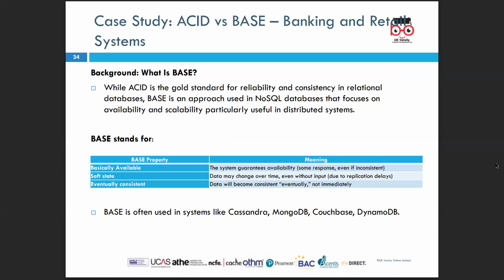So we have a case study here where we're looking at ACID versus BASE with banking and retail systems. So from the background, what is BASE? Well, we know that ACID is the gold standard for reliability and consistency in relational databases. BASE is an approach using NoSQL databases that focuses on availability and scalability, particularly useful in distributed systems.